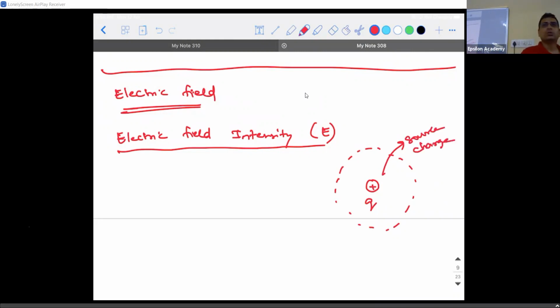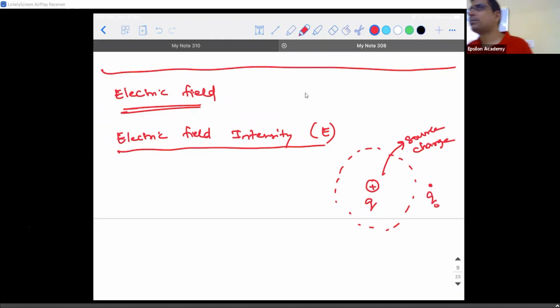To find out the strength of the source charge, what we need is a test charge. We need to do some testing to understand how much strength the other particle is going to have. So if you take a test charge and place it outside the electric field of the source charge, what do I mean by outside?